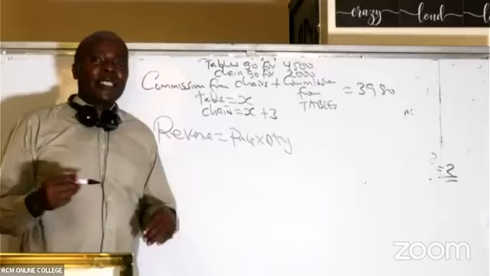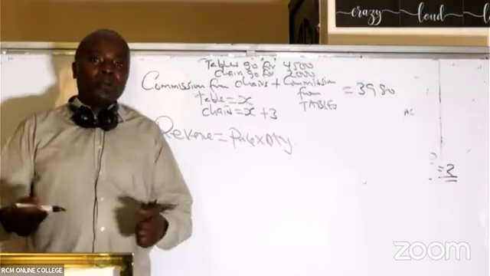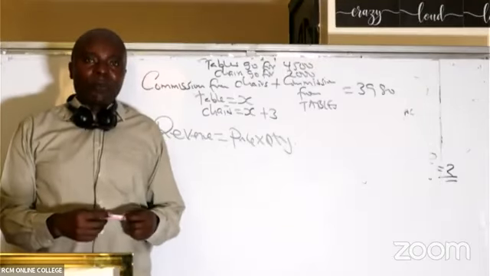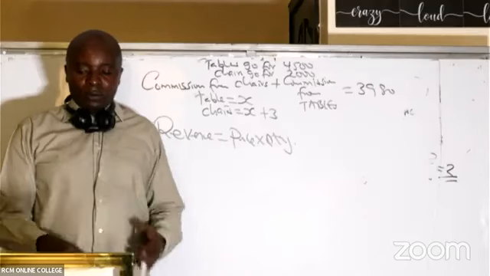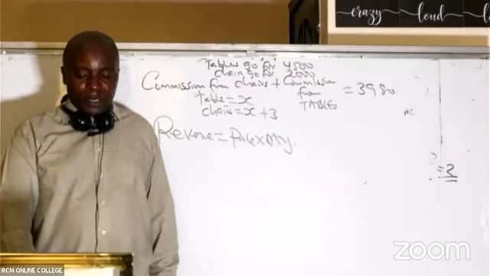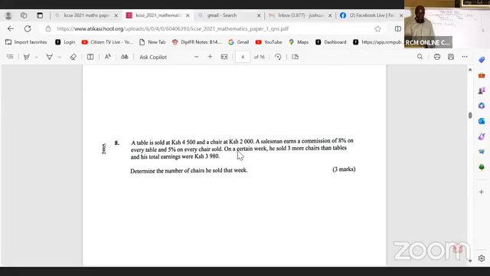Because they have told us that on a certain week, he sold 3 more chairs than tables. So if tables are X, then chairs will be X plus 3.